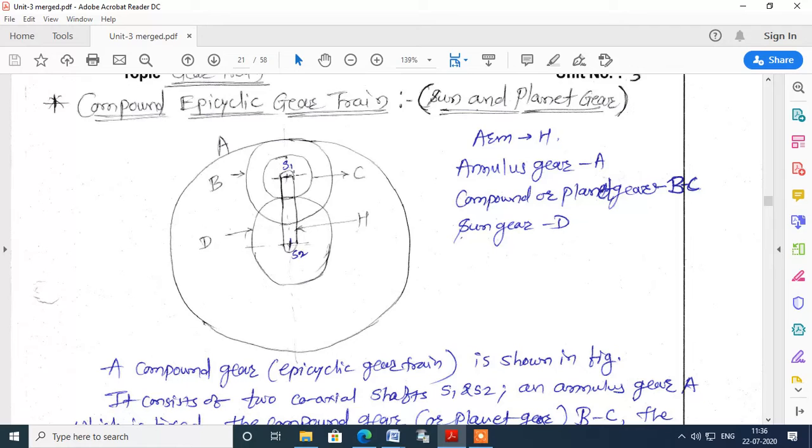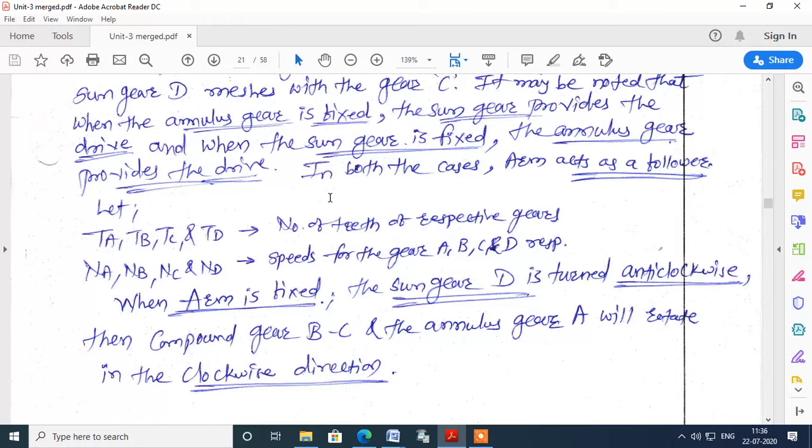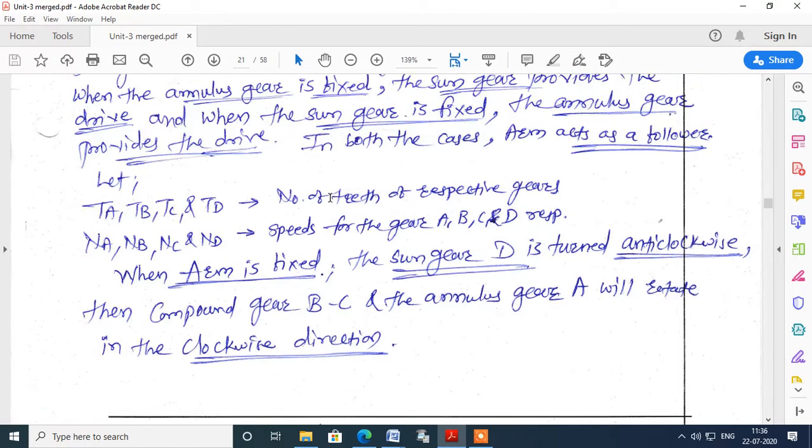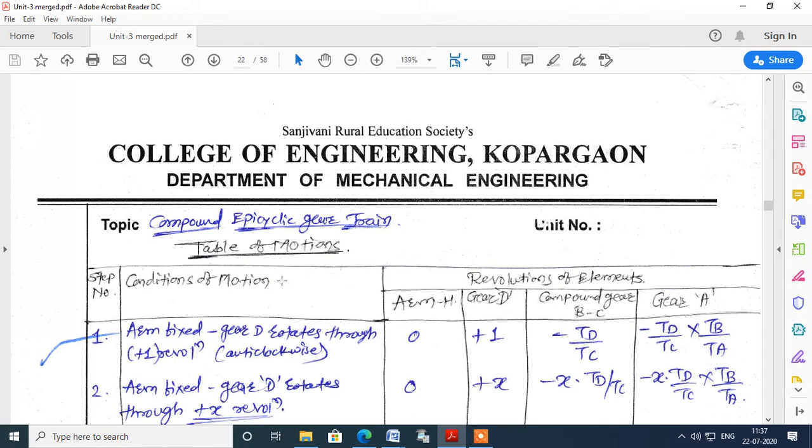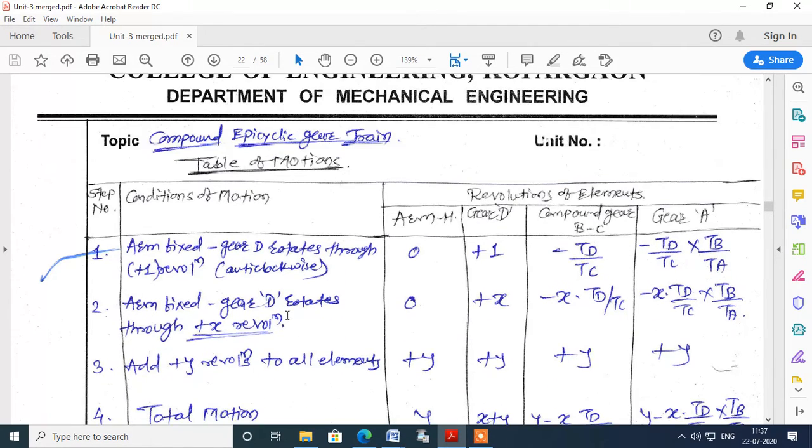C and B are compound gears, so B also rotates clockwise, and B is meshing with annulus gear A, so A is also rotated clockwise. Now this we have to write down in table format, that is tabular method.